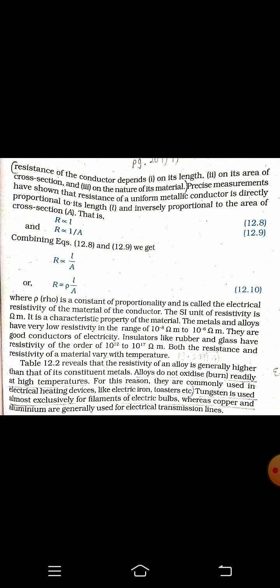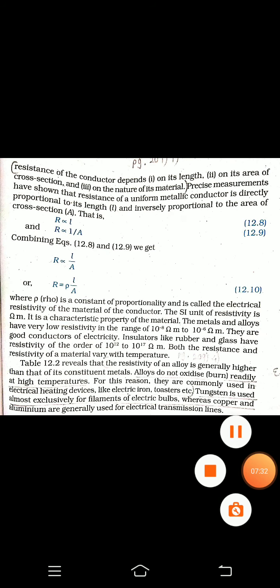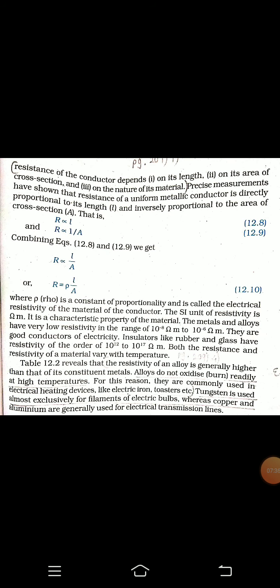When we cut both the wires and see the circles at the ends, the area of the circles for both wires will be the same. That means their widths will be the same. Okay, now there are three factors you will remember on which the resistance depends. Now look at the equations which are written.